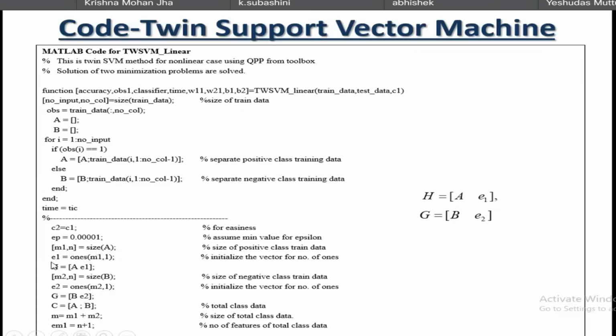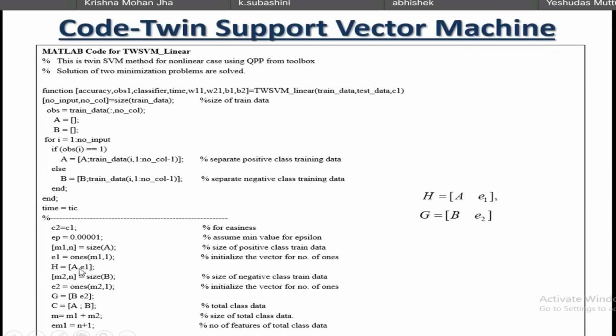Okay, so we have defined e1 of size m1, that is 1, 1, 1, 1, m times. It's a column vector. Same way we define H. H is nothing but the augmented A, that is A augmented with e1. So you write it in this particular manner.